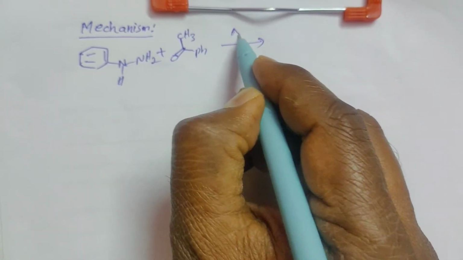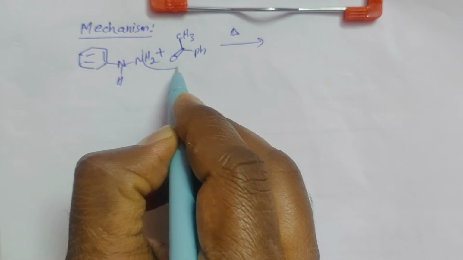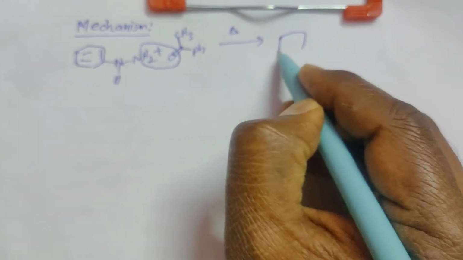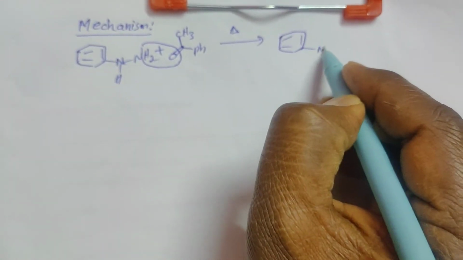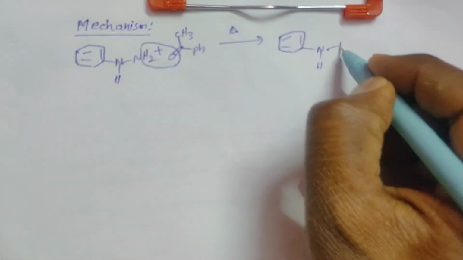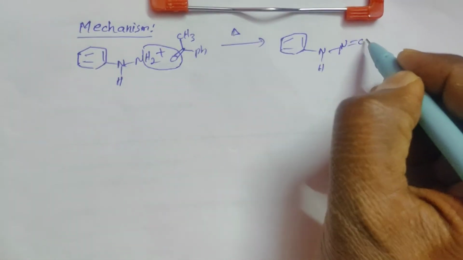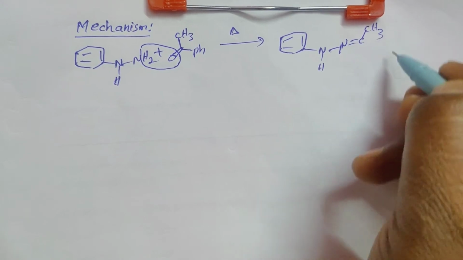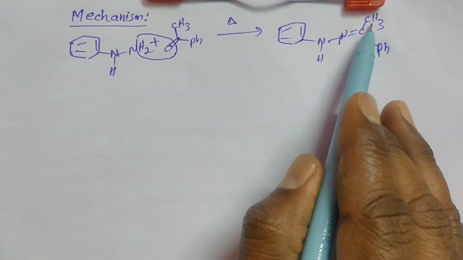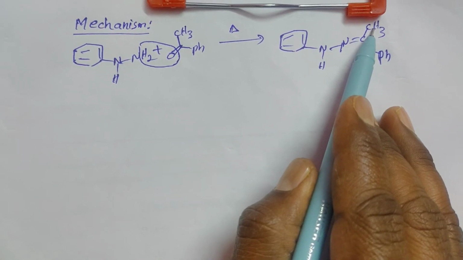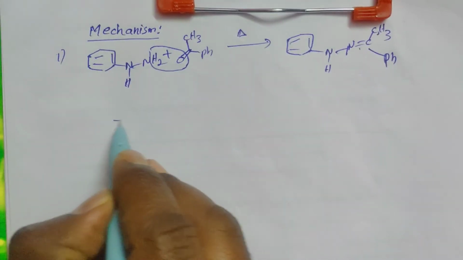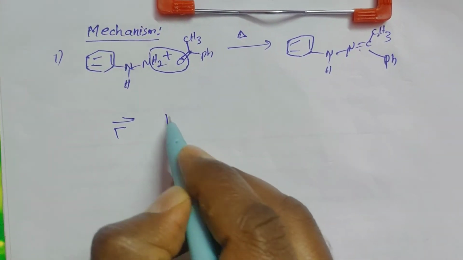So on heating, condensation takes place and the water molecule goes from these two compounds. So as a result, we get the condensed product. CH3 and Ph. So this alkyl group, that means methyl group, is in the alpha position to this double bond. So this may undergo tautomerism and we get this product.